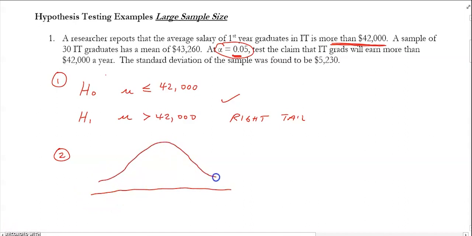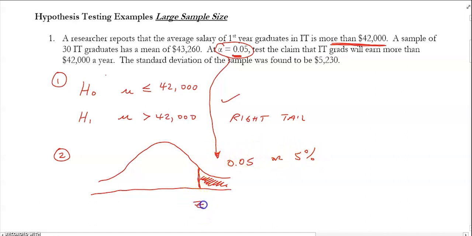And since it's a right tail, we're going to draw it like this. Here's our tail, and this is where alpha comes into play. That means that the area here is 0.05, or there's a 5% chance of making a type 1 error, rejecting H naught when it's in fact true.